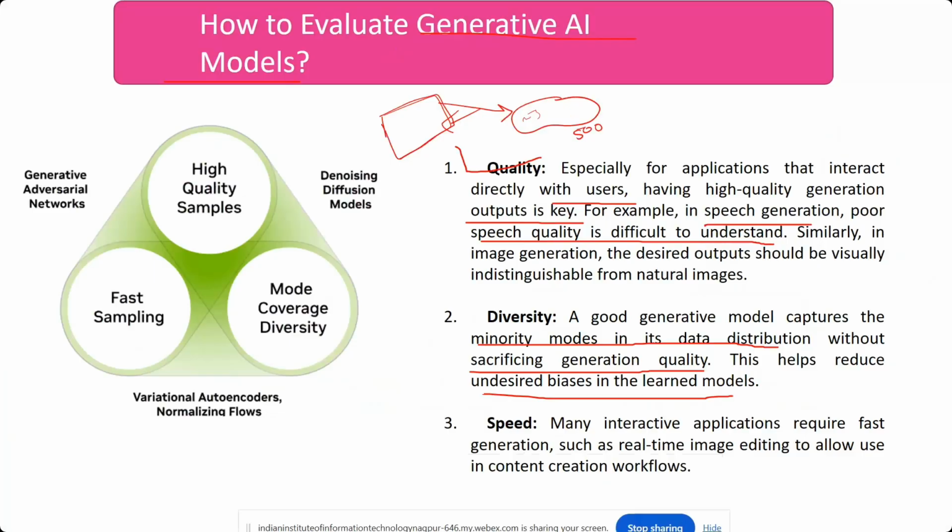In the case of a generative model, training takes a lot of time, and generation will be easier. In a fraction of a second, it will give you the new image. But training this neural network on the data is a time consuming task. So many interactive applications require faster generation, such as real-time image editing, to allow use in content creation workflows.